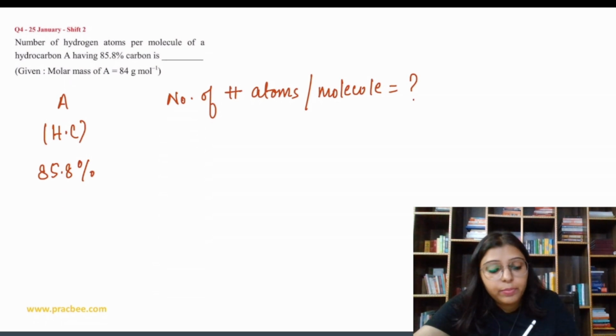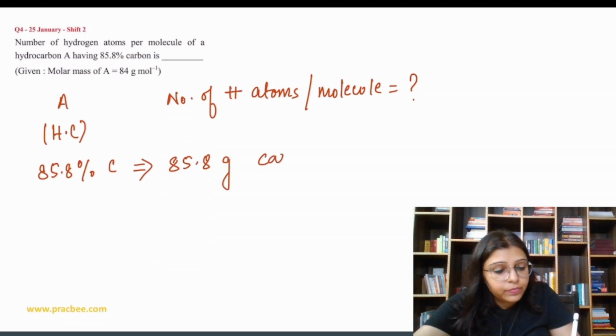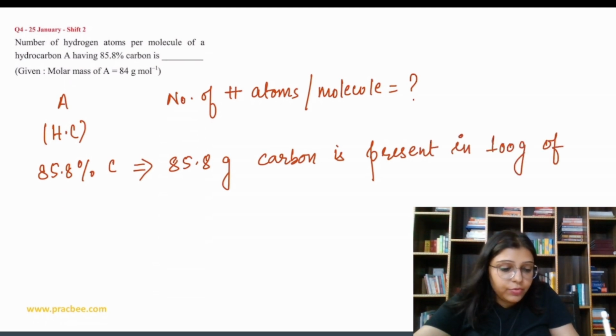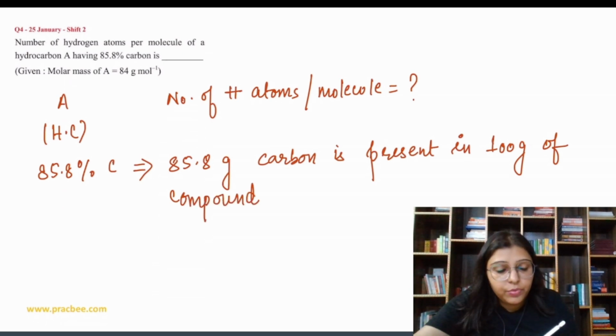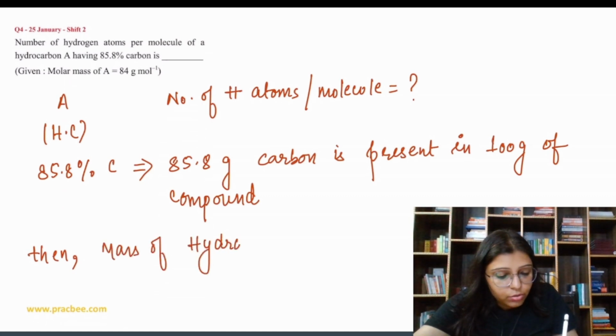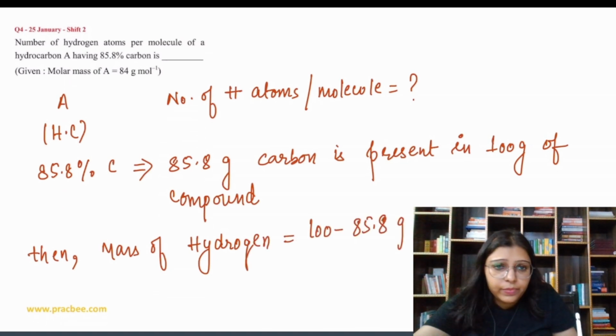See, 85.8 percentage carbon means 85.8 gram carbon is present in 100 gram of compound. So the mass of hydrogen is going to be 100 minus 85.8 gram, which is equal to 14.2 gram.